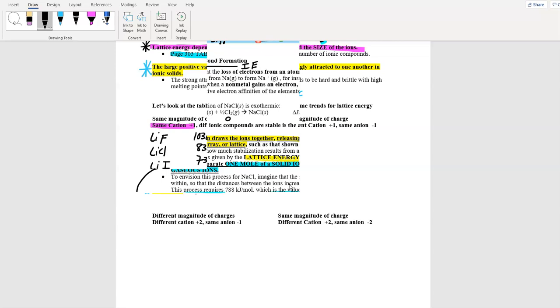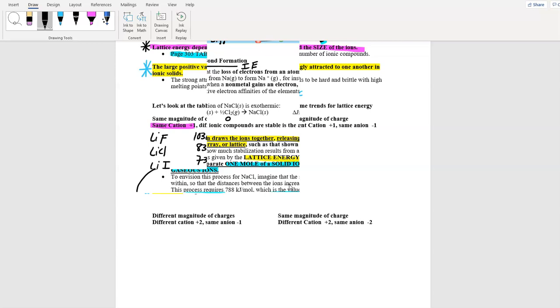Same cation, but look at these halogens, and their position on the periodic table: you've got fluorine, chlorine, bromine, and iodine. Let's talk about size. When these form ions, so ionic radius, they're all going to have negative charges, all the same, -1.